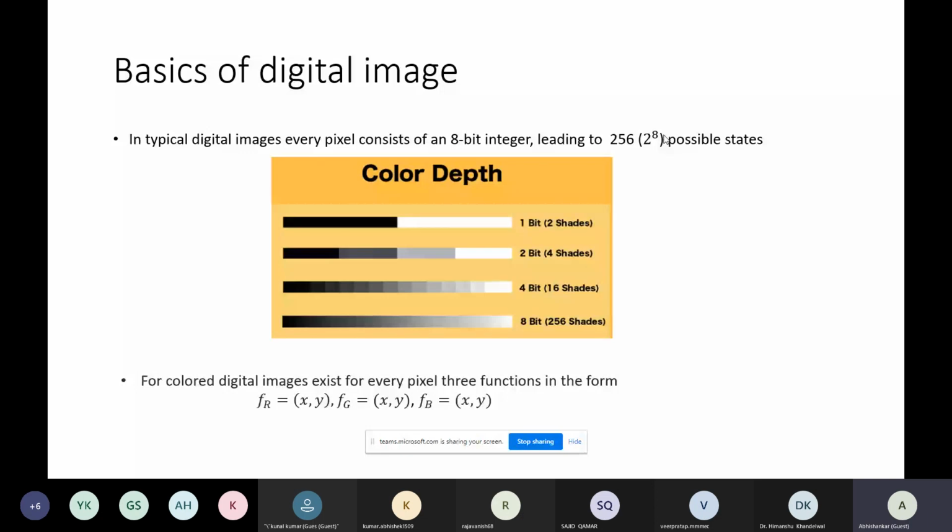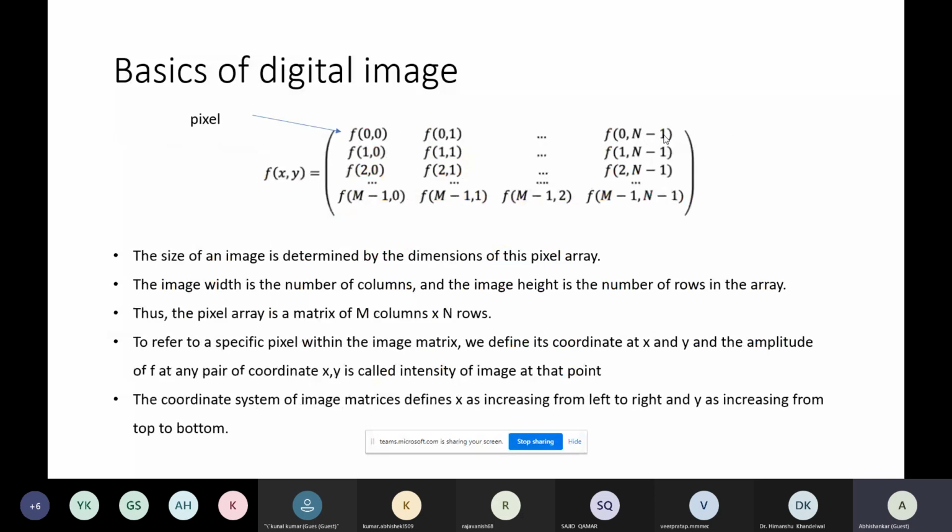So we have 256 shades, which means pixel values can go anywhere between 0 and 256.